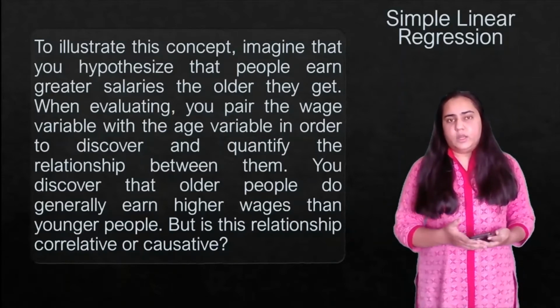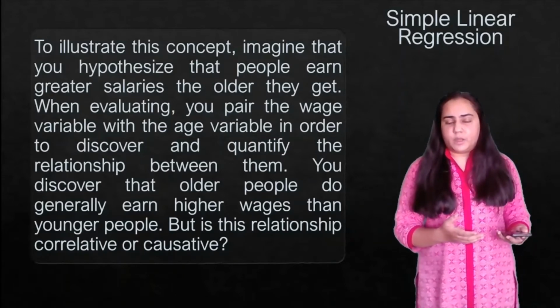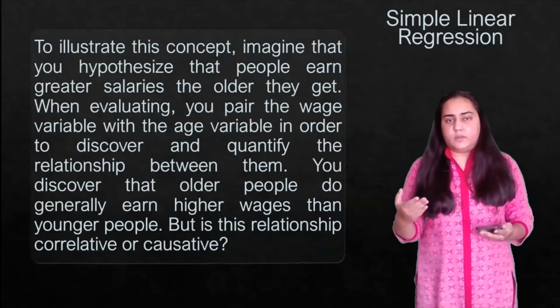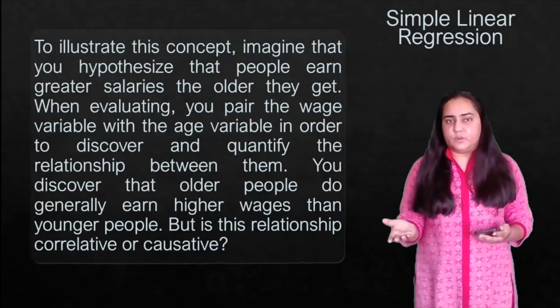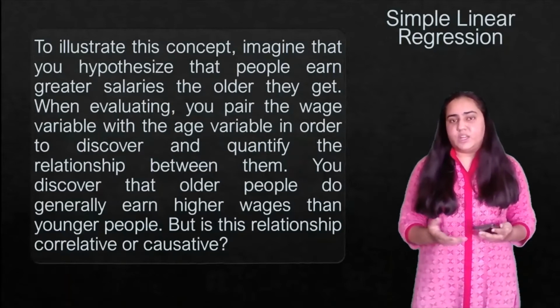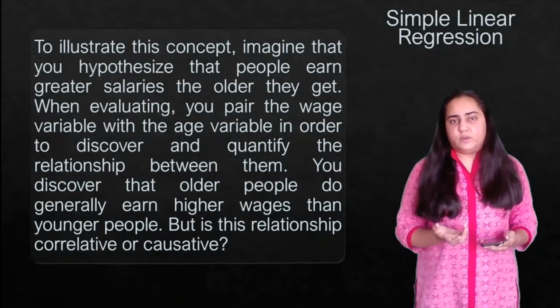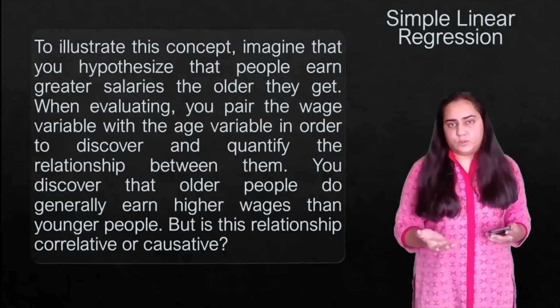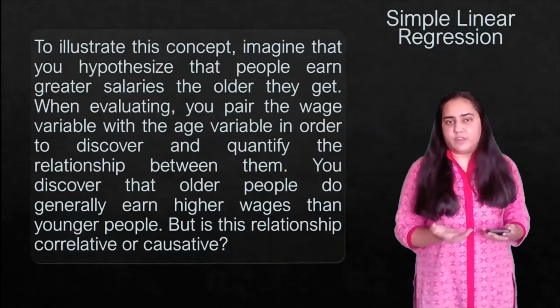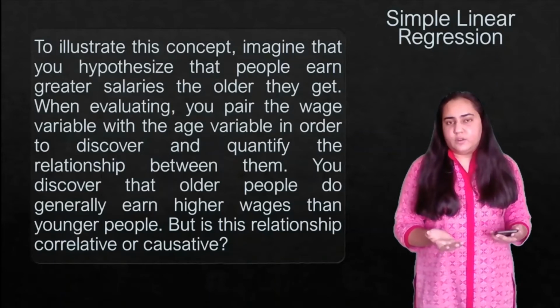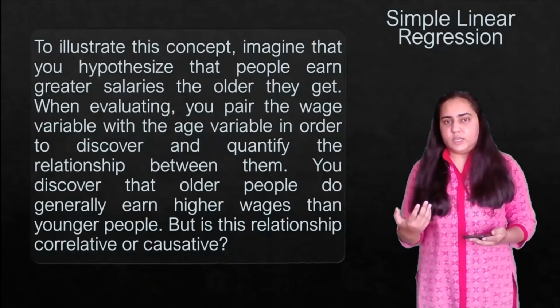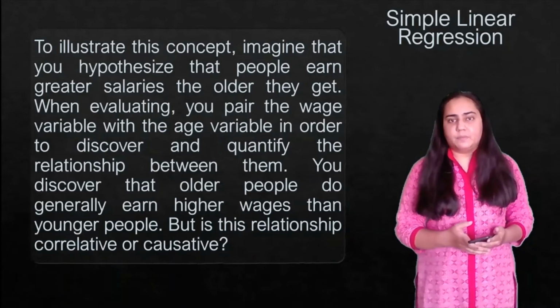So in your hypothesis, there are two variables. One is the age, another one is the salary. So it's a nice way of saying age and wage since they rhyme. And you want to quantify the relationship between those two variables. You want to see if they affect each other. If an increase in one might cause an increase in the other or a decrease in the other.